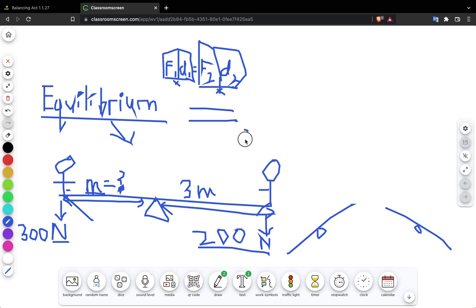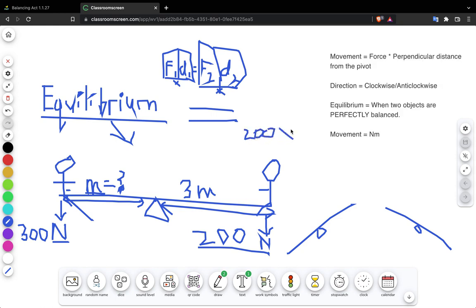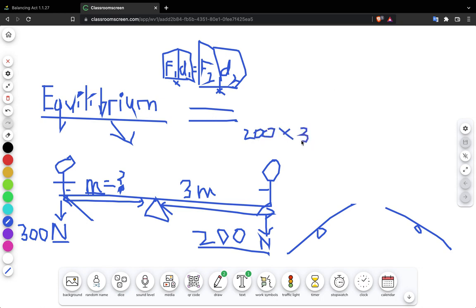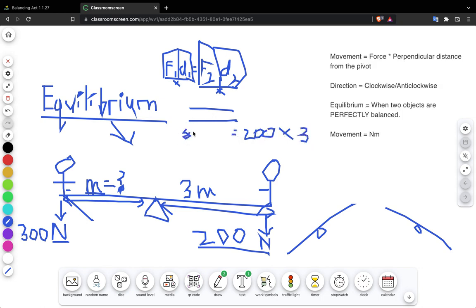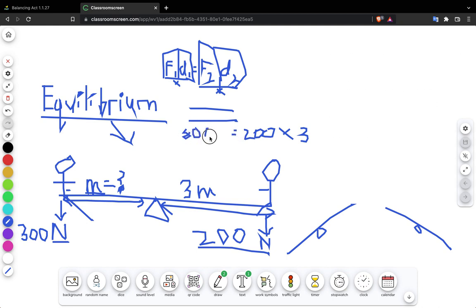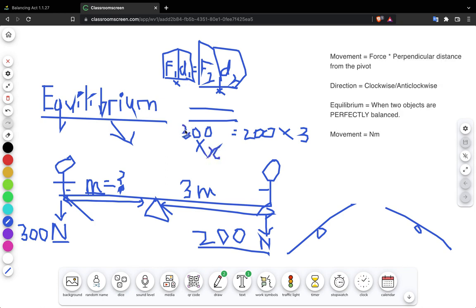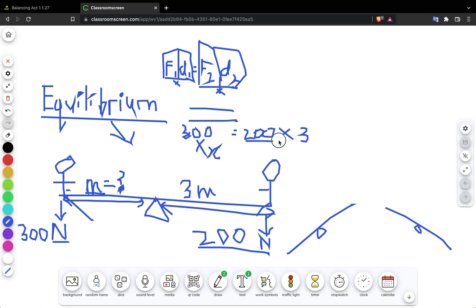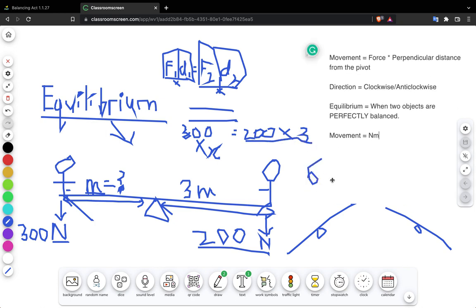Basically, it's 200 multiplied by 3 is equal to 300 multiplied by x. Okay, so when we don't know a variable in math and also in physics, we can just simply call it x. Now 200 into 3, that's pretty simple. That's just 600.